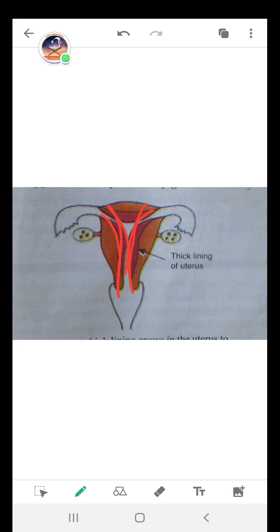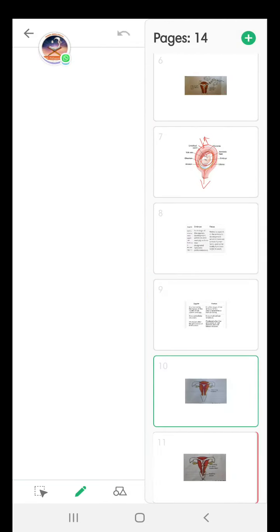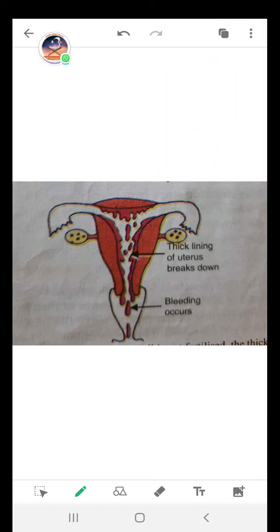So that's why these changes in the uterus are very necessary. Now, when fertilization does not take place, then the uterus lining breaks down. Here we see in this diagram, the uterus lining breaks down.